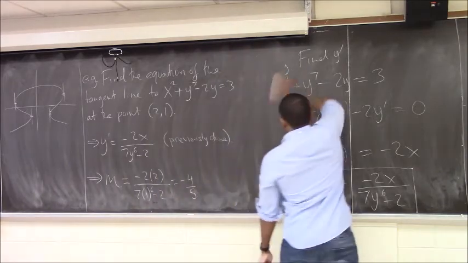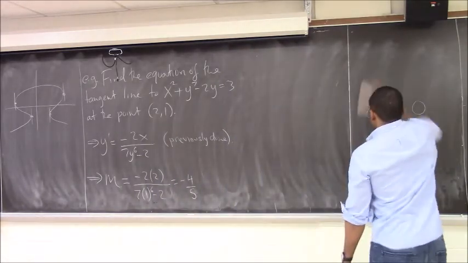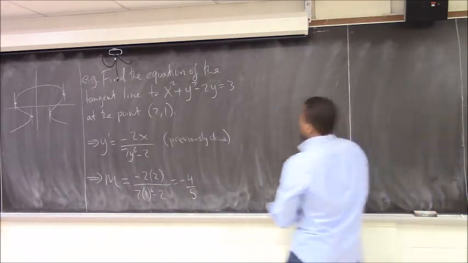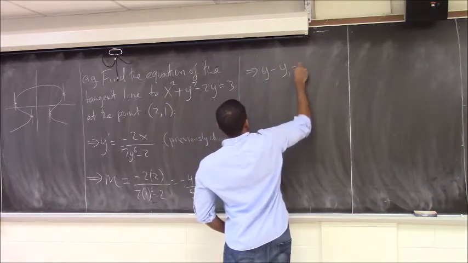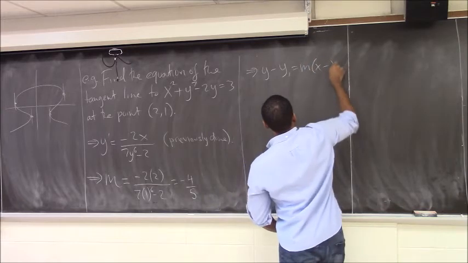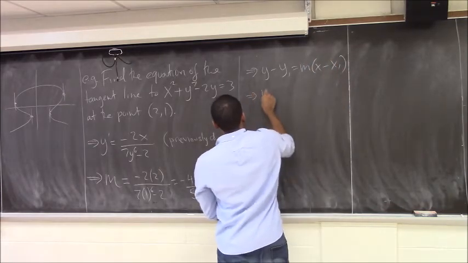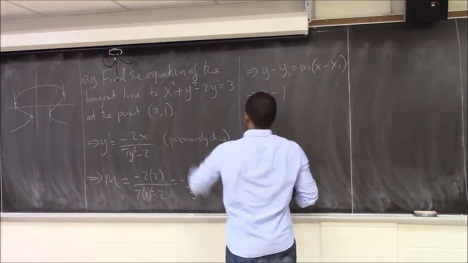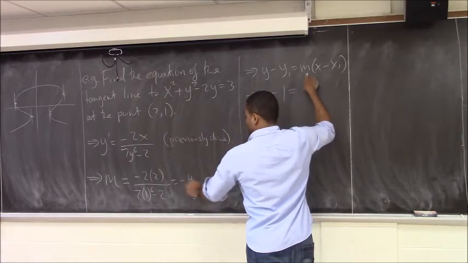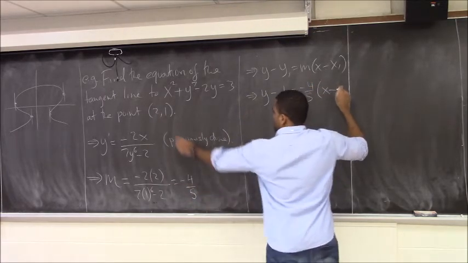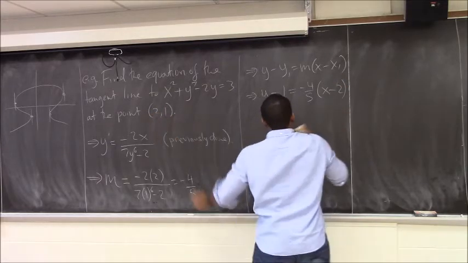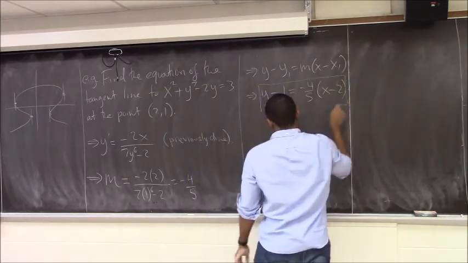Y minus 1. So this means I'm going to use y minus y1 equals m times x minus x1. So this becomes y minus 1, because that's the y value, equals m, which I just found is minus 4 over 5, times x minus 2. That's the equation of my tangent.